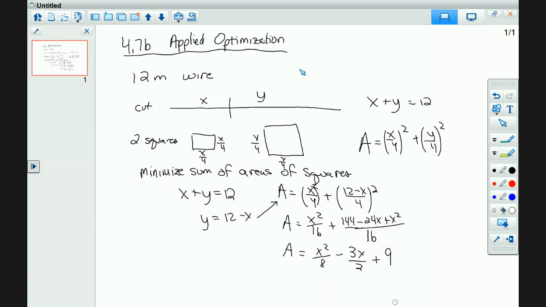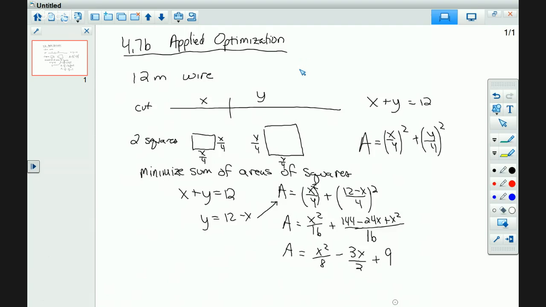That number doesn't matter anyways. x squared over 16 and x squared over 16 means there are 2 x squareds over 16, which is x squared over 8. And then 24x over 16 is 3 over 2 x. 144 over 16 is 9. Yep.